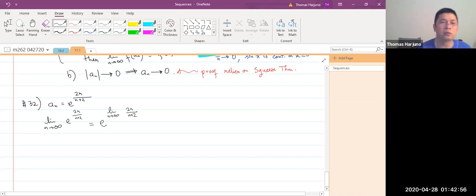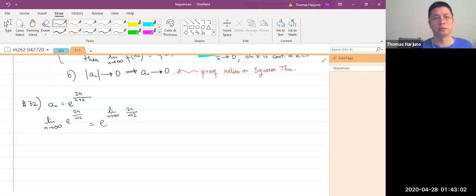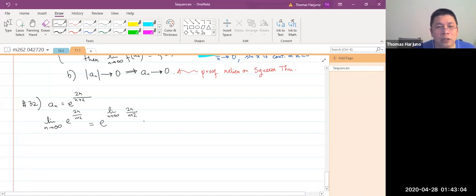You see what I mean? Because e to the x is a continuous function, right? So this equals e to the limit as n goes to infinity of, dividing by n on the top terms and by n on the bottom terms.